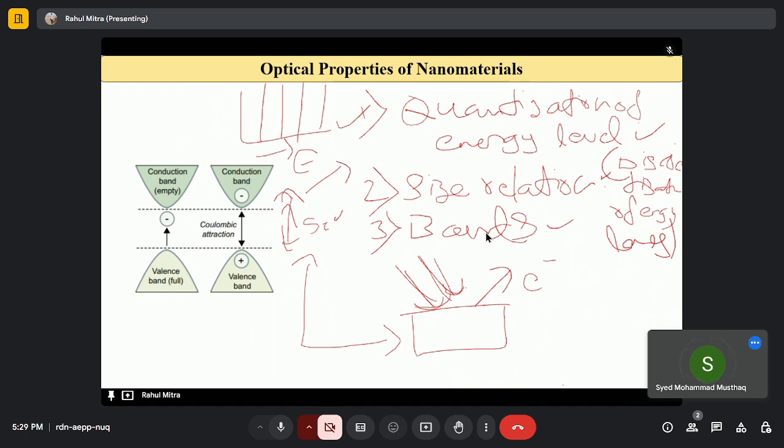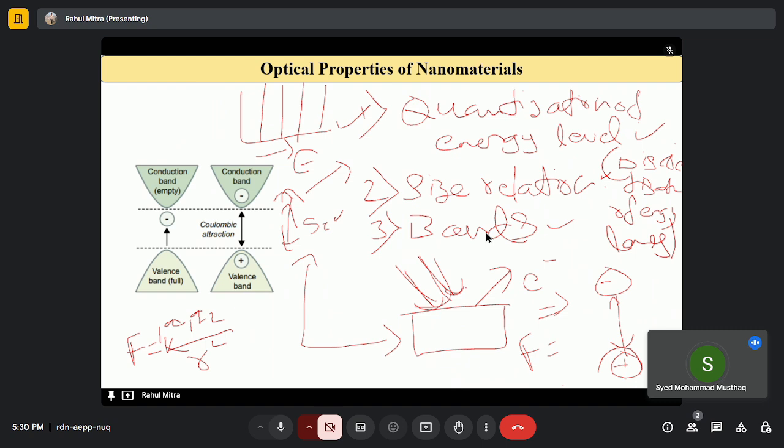So, at very low temperatures, what happens? When an electron moves into the conduction band, it has a negative charge there, and it leaves a positive charge in the valence band. Because of the electrostatic interaction, let's say F equals, now what is our electrostatic interaction force? F equals K Q1 Q2 by R square, where K is 1 by 4 pi epsilon naught.